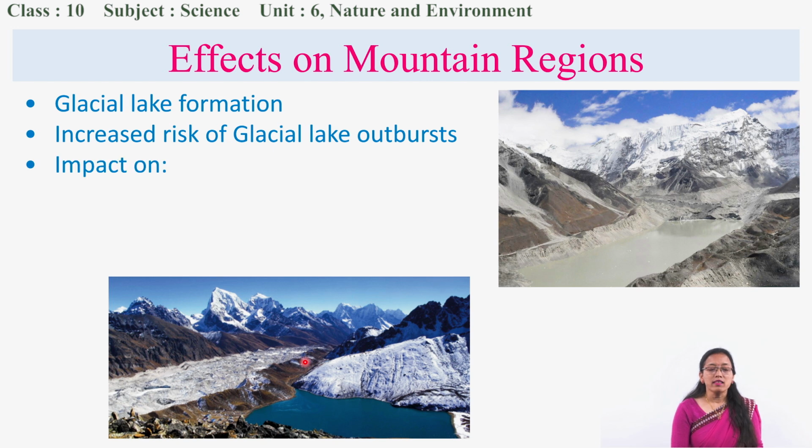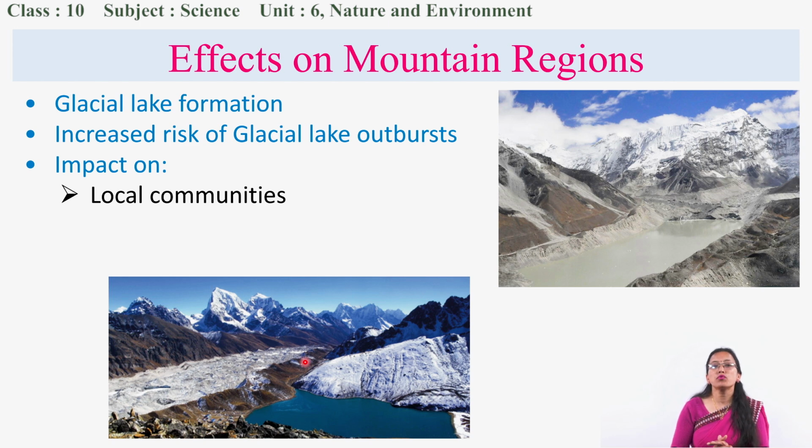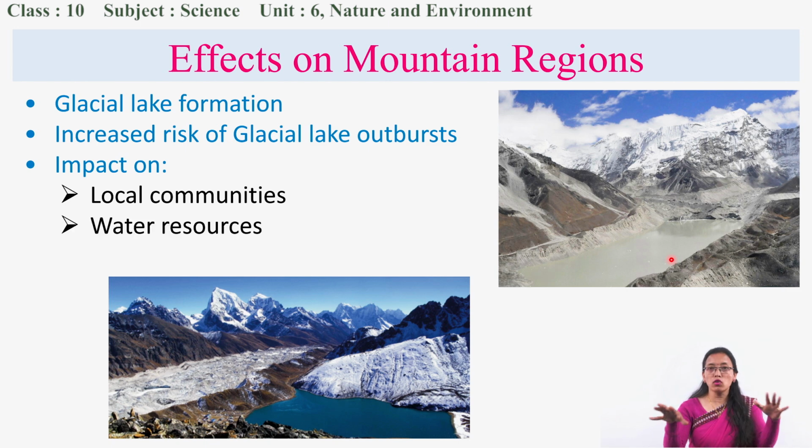Due to that, different impacts are seen in the environment, such as on the local communities residing just below this mountain area. If glacier melt occurs and a glacier lake outburst flood occurs, it floods away their houses and agricultural fields, untimely and unknowingly. So the whole community will be affected. There is also an effect on the biodiversity of that local area.